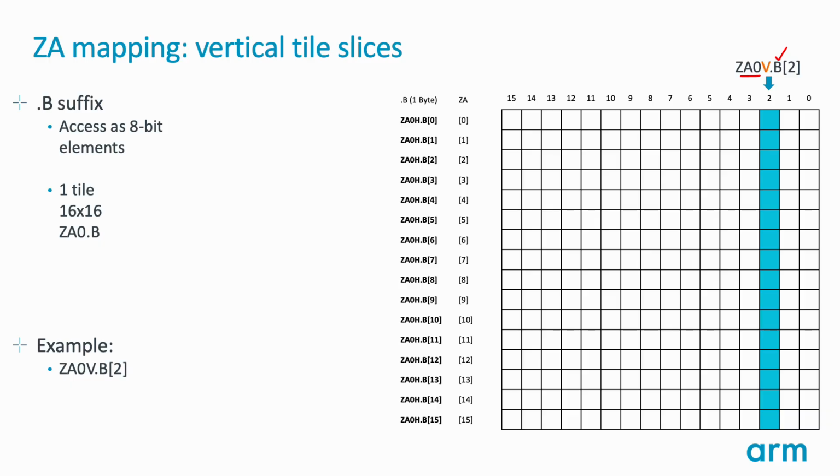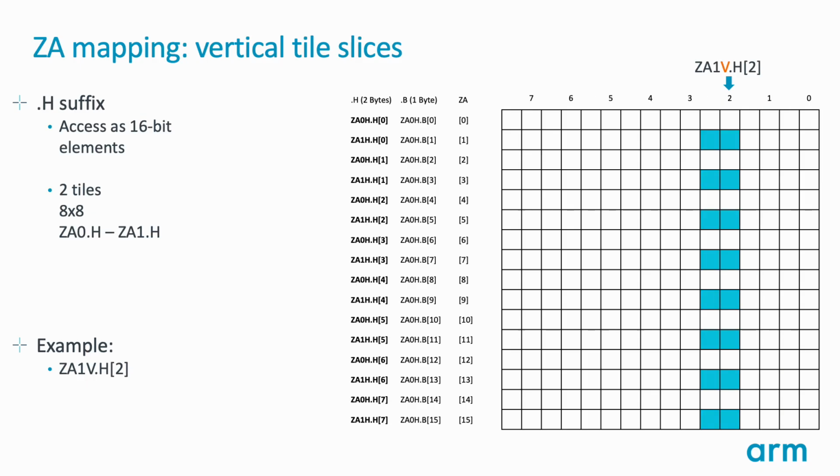What if we access the same ZA storage for 32-bit element size or 16-bit element size? For 16-bit element size, we'll be using 2 cells for holding one 16-bit element. Each square is 8-bit, whereas the number of rows remains constant. So for the vertical slice, since we are using 16-bit, we will have 2 tiles mapped to the ZA storage, tile 0 and tile 1.